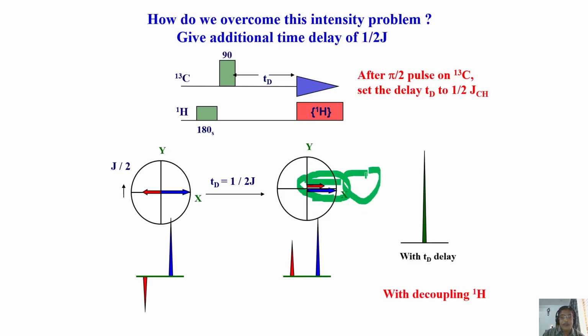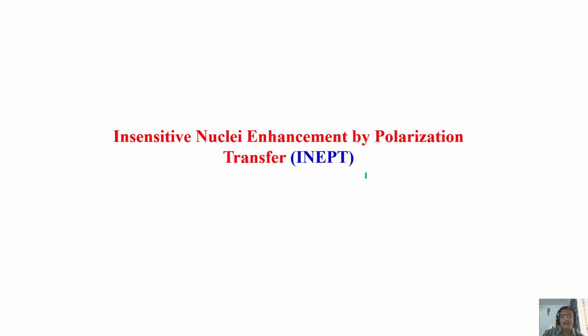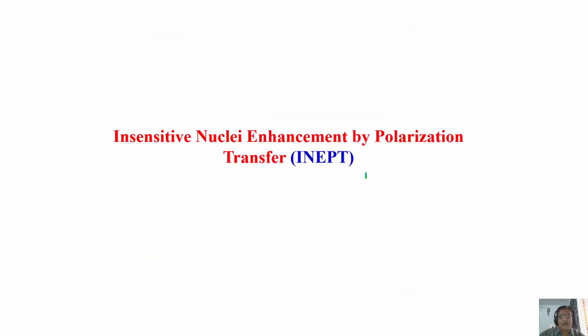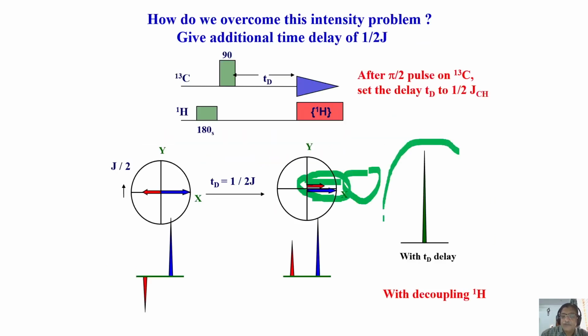Now if I do the decoupling, they are not nullified; they add up. We get the gain in intensity just by putting a delay there, and we convert the anti-phase components to in-phase components.